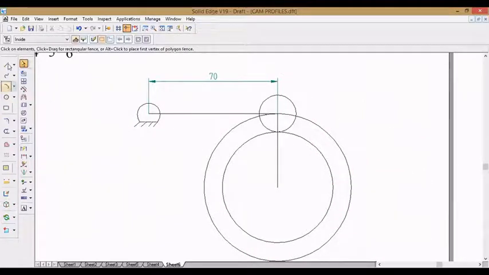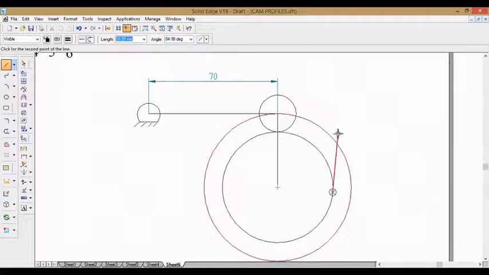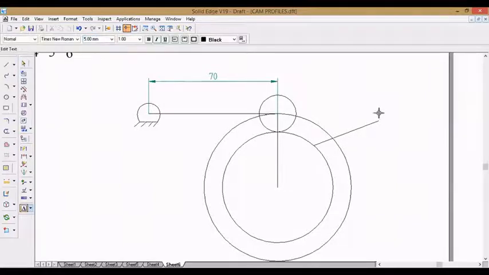So now, this is the base circle. This is the prime circle.